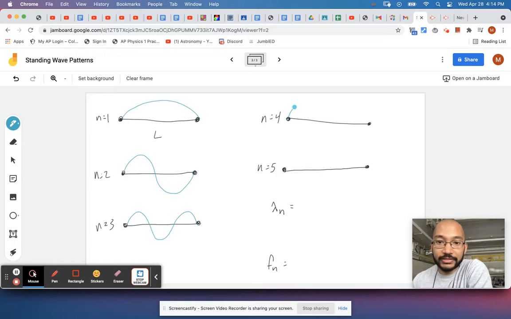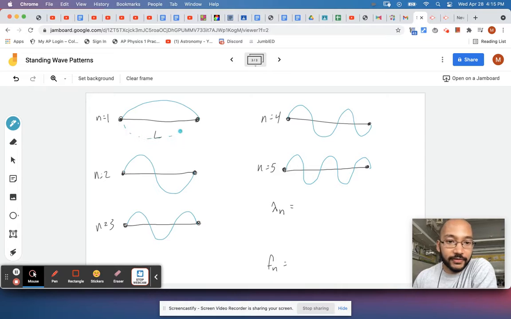The fourth one is like this, and the fifth one looks like that. It should be more even. Let me see if I can do a better job with that. Still not the best, but you get the idea.